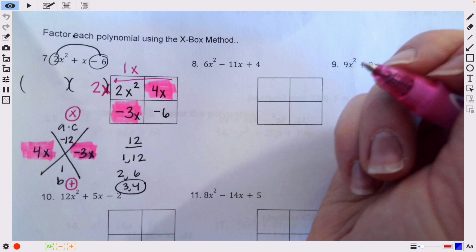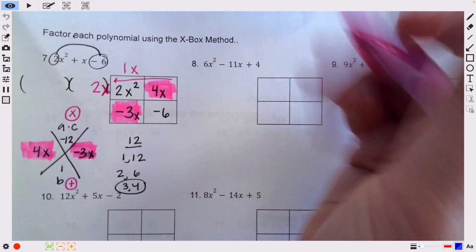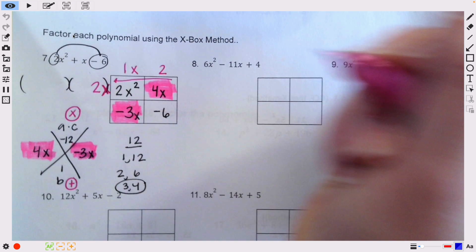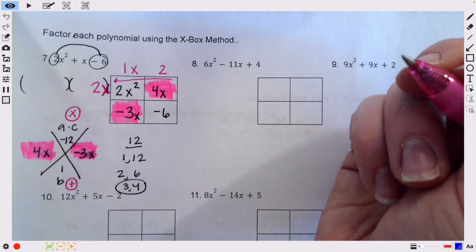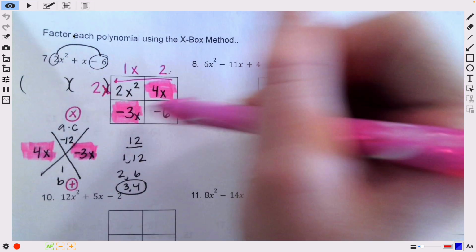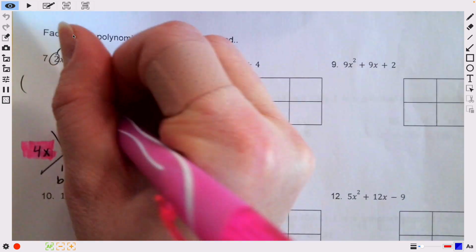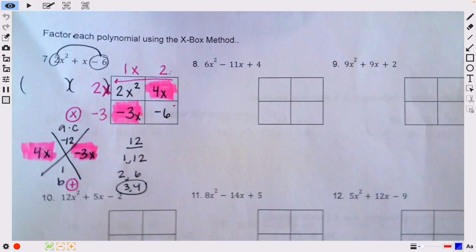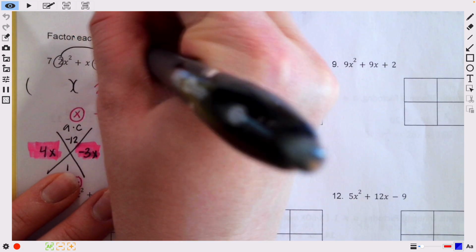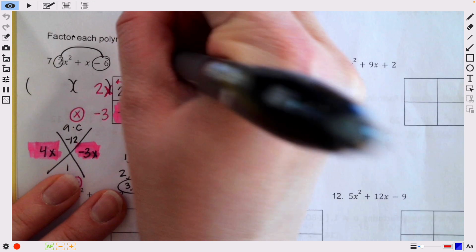Yep, you're both right. 2x times what gives you 4x? Good. 2, I'll do it this way. 2 times what would give me negative 6? Yeah. And then just negative 3 times 1x is negative 3x. So your answer is 1x plus 2 and 2x minus 3.